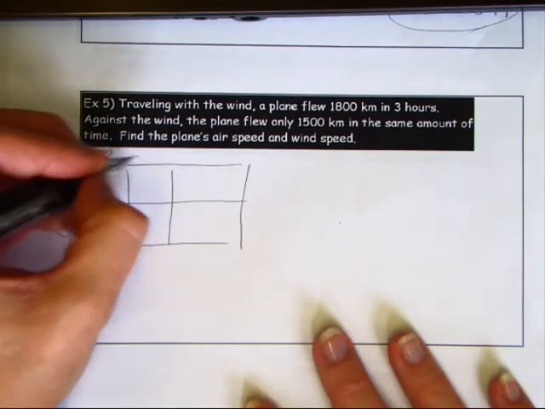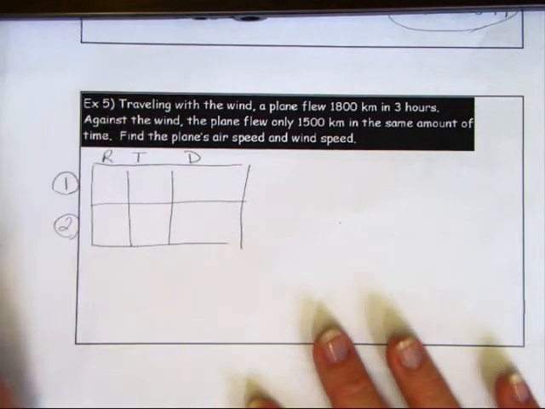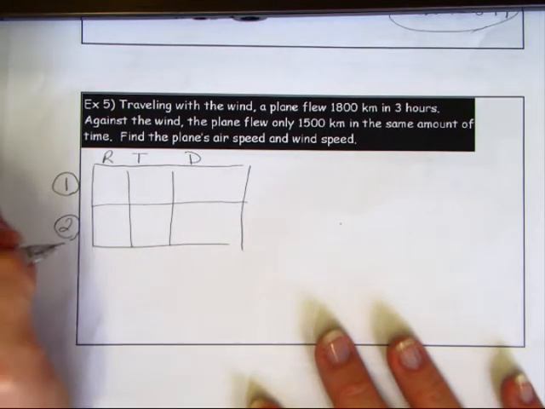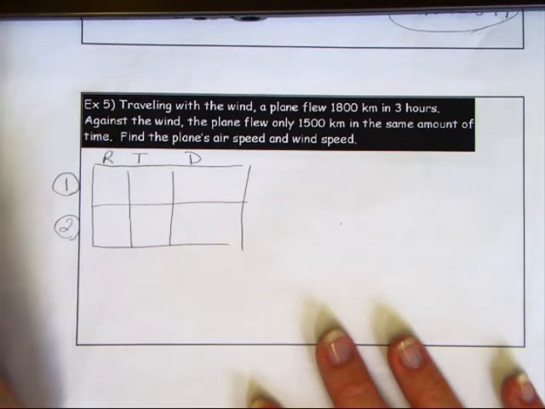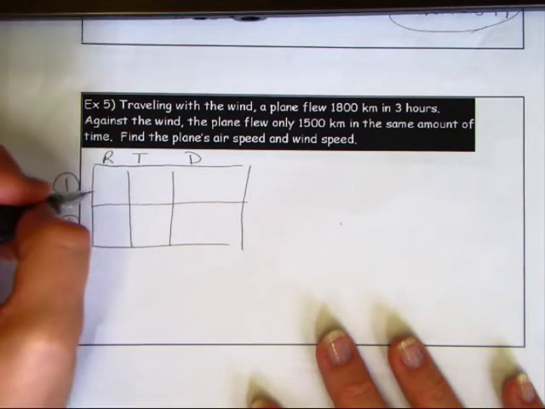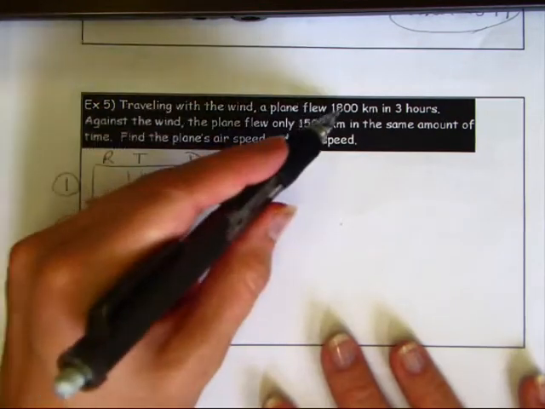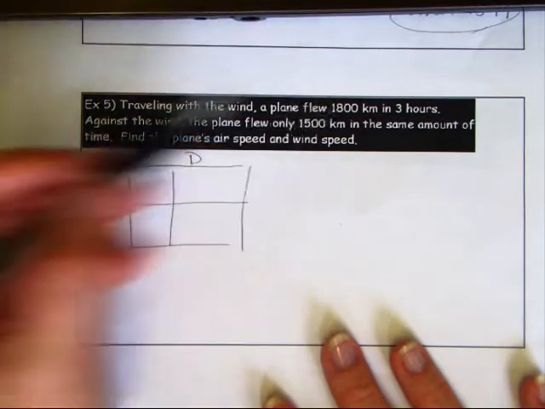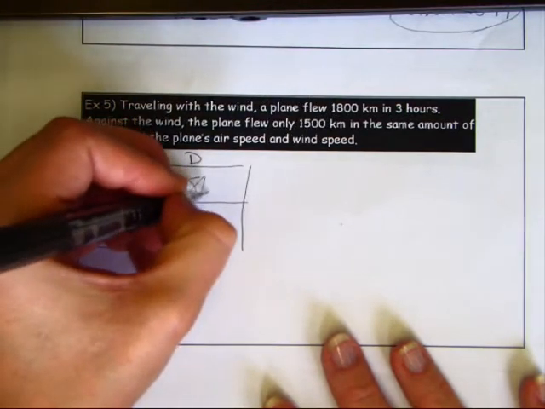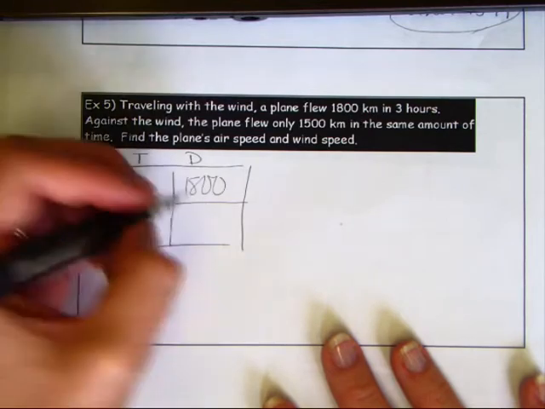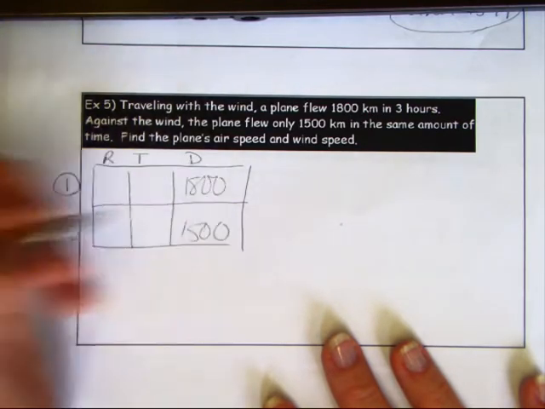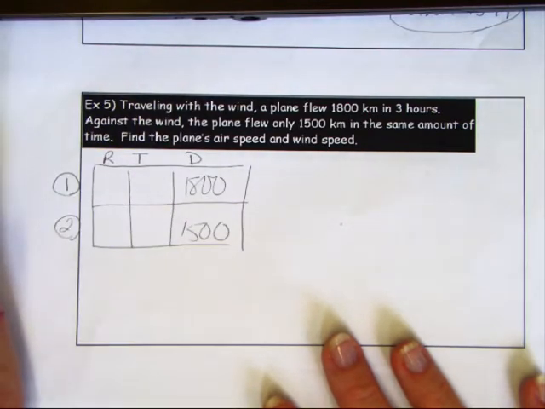We know that rate times time is distance. And this time, we need to consider that this box should be R. Remember I told you this box is R plus W, this one's R minus W. But let's start with the 1,800 and the 1,500. 1,800 is how far plane number 1 went, and 1,500 kilometers is how far plane number 2 went.